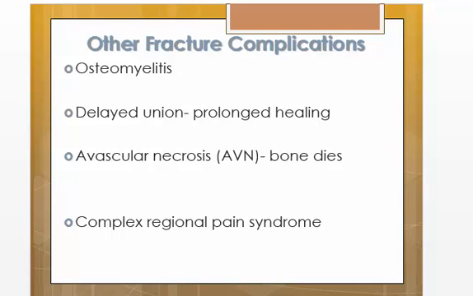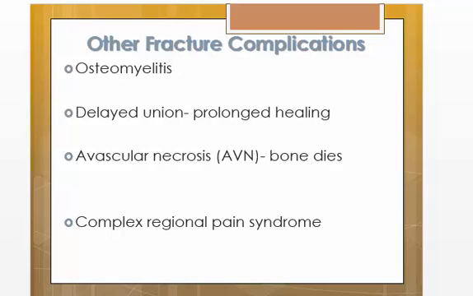I want to briefly mention AVN, avascular necrosis. The bone loses its blood supply and dies. This is common with fractures involving the femoral head and neck, and it's diagnosed by X-ray. Treatment includes bone grafts, or the patient might end up with a prosthetic replacement, which we're going to talk about in class.